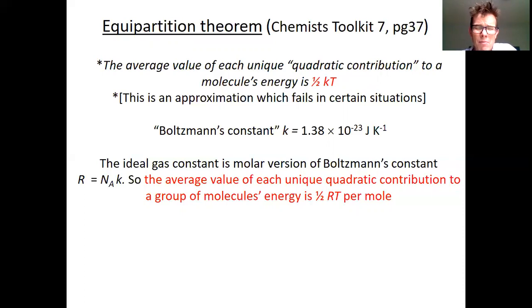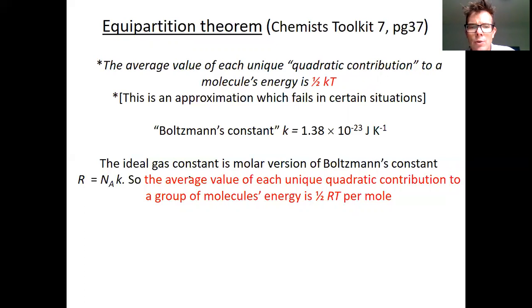We haven't talked at all about Boltzmann's constant. And it turns out that Boltzmann's constant is closely related to the ideal gas constant. Specifically, if I multiply Boltzmann's constant by Avogadro's number, you get R, the ideal gas constant. In other words, the ideal gas constant is the per mole version of the Boltzmann constant.